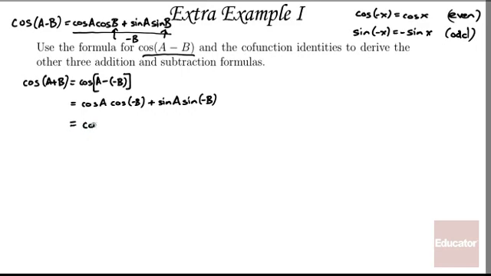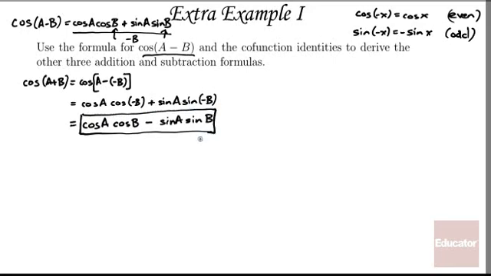So I've got cosine A and cosine of negative b, but cosine of negative b is the same as cosine b. Now sine A and sine of negative b, sine is odd, so sine of negative b is negative sine b. But look now, I've got cosine of A plus b is equal to cosine A cosine b minus sine A sine b. That's the formula for cosine of A plus b.